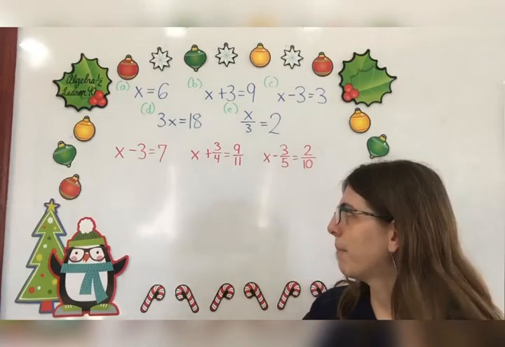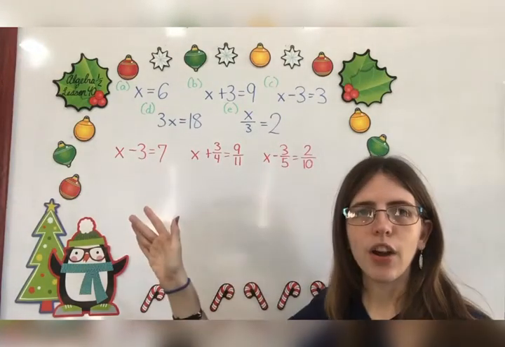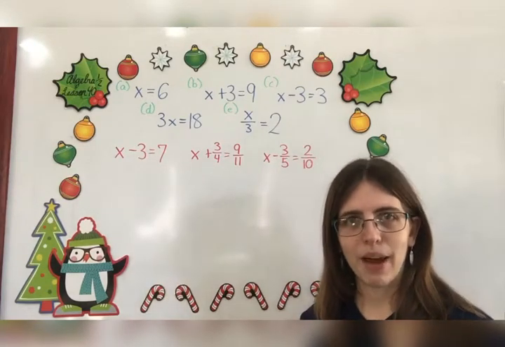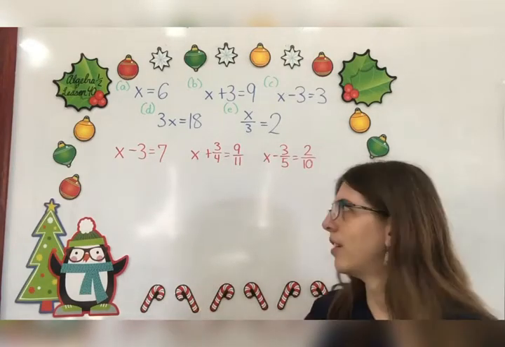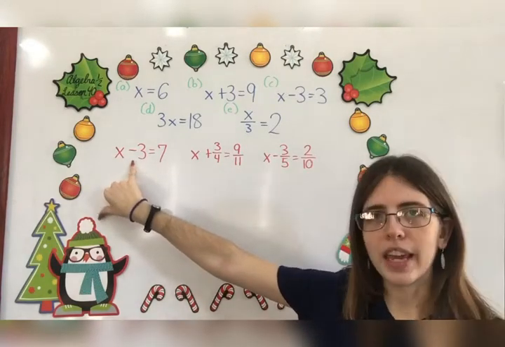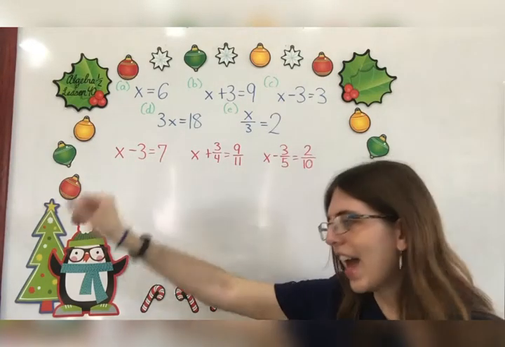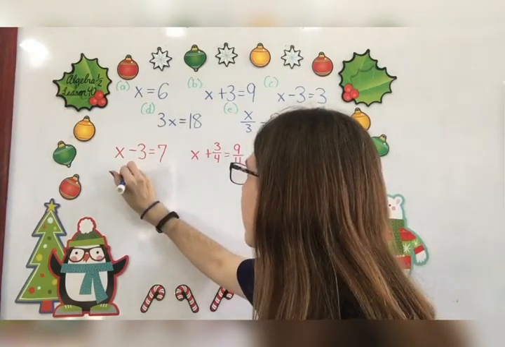Let me demonstrate. X minus 3 equals 7. Well, I know that to get x by itself is my goal. And to get x by itself, I have to do the opposite of whatever I'm doing to x. Right now I'm subtracting 3 from x. What's the opposite of subtracting 3? Adding 3, right. So I'm going to add 3 to x.